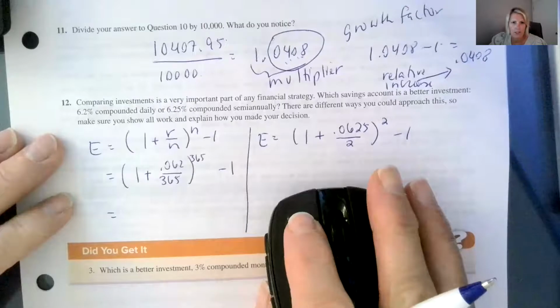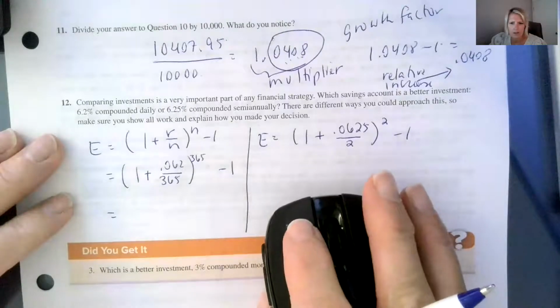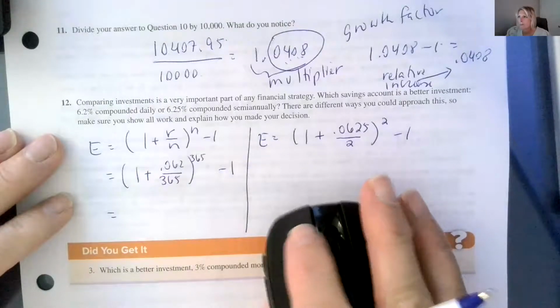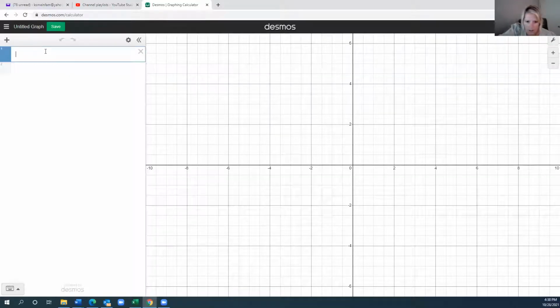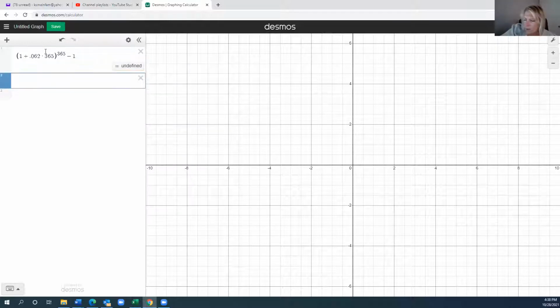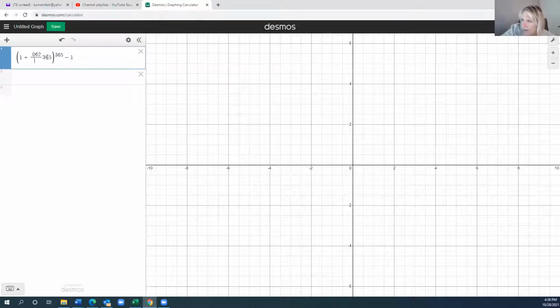So let's go and share our screen here. Parentheses, 1 plus 0.062 divided by 365, minus 1. And then, oh, this was supposed to be a divide by 365. Okay.